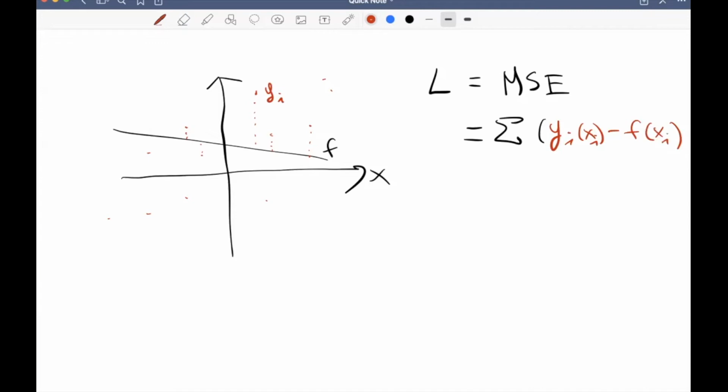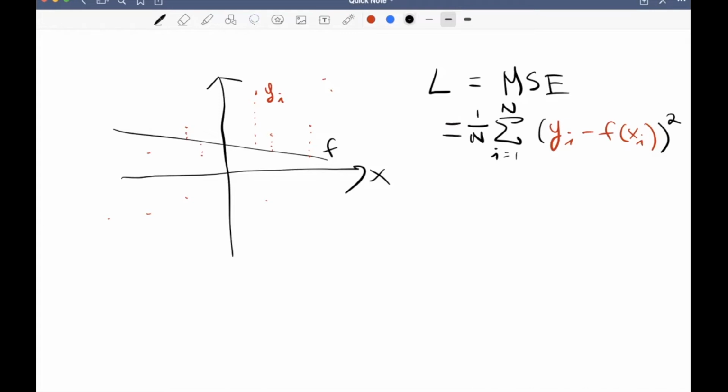And then you would just square this. So basically, you would sum this over i from 1 to n, if we have n data points. And since it's mean squared error, we can also divide by n to get an average.